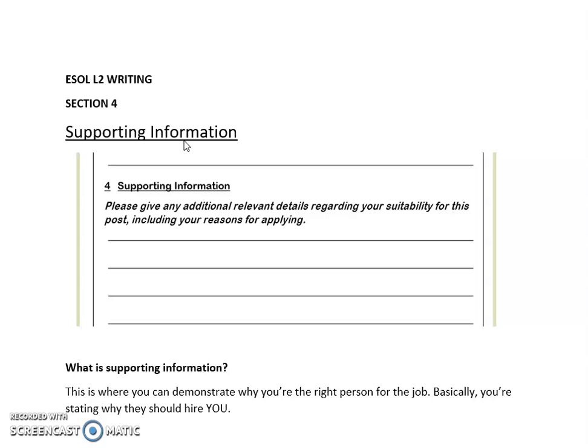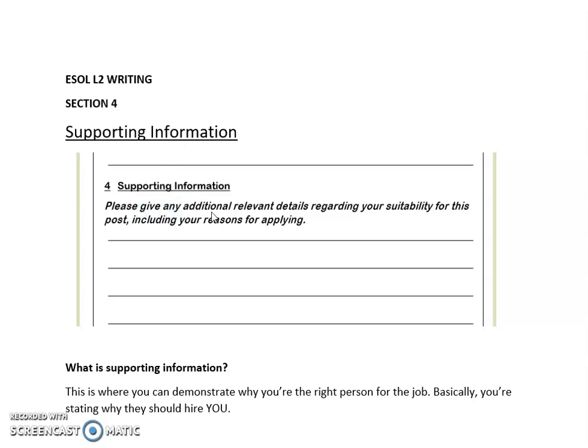This is going to be Section 4 of the writing paper, but hopefully students will find this video useful, and also people who in real life want to apply for a job will still be able to find this video useful, hopefully. This section is about supporting information.